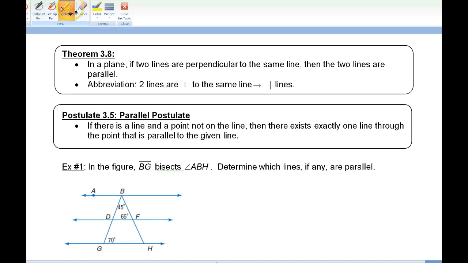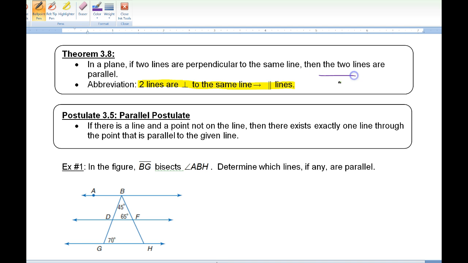Okay, these two we're not going to do proofs for, but if two lines are perpendicular to the same line, then they must be parallel. So if you imagine here is a transversal, if this line is perpendicular to both these lines, then they must be parallel.